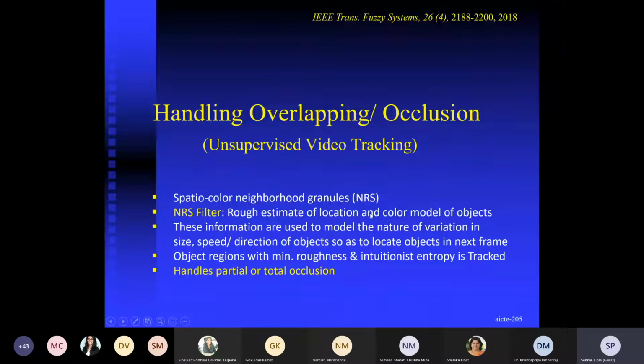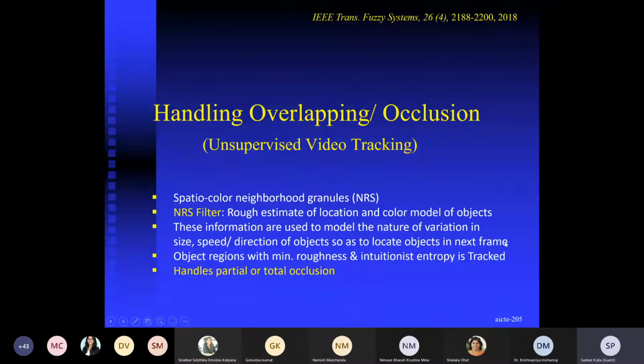And this lower and upper approximation for the p previous frames of the objects I will use for the next frame. So if it is f_t to f_{t-p}, then for frame f_{t+1} I will use this model information. I will model the nature of variation in terms of size, speed, that is the displacement, and the direction of objects, and then we locate the object in the next frame.